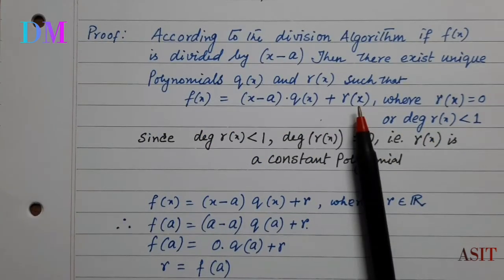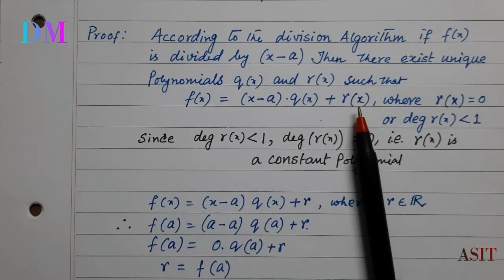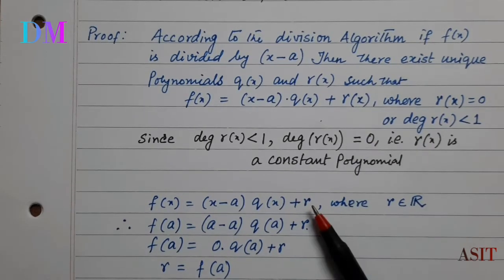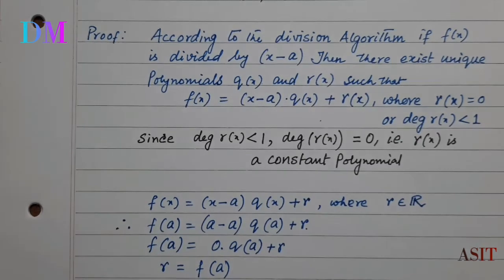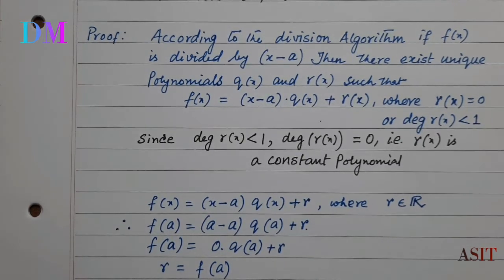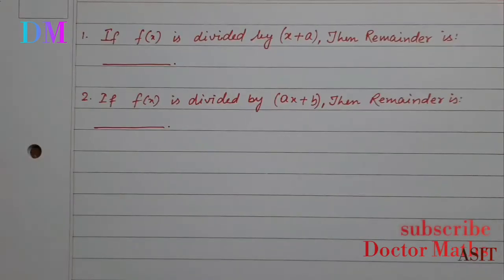And since we can convert this polynomial to a real number, that is why there was no change here if we put x equals to a. And that is why we can come to this conclusion. So the divisor polynomial has to be a linear polynomial.